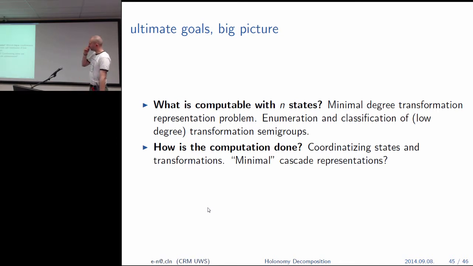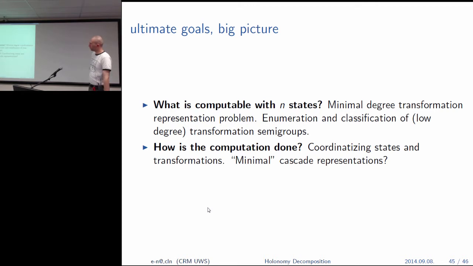What I talked about today is that, if we know what is computable with n states, another question to answer is how the computation is done. What's the structure of the computation? How can I decompose it? And that's the coordinatization of states and transformations. The big problem is finding the minimal cascade representations. The reason why it's difficult is that we don't even know what we mean by minimal.